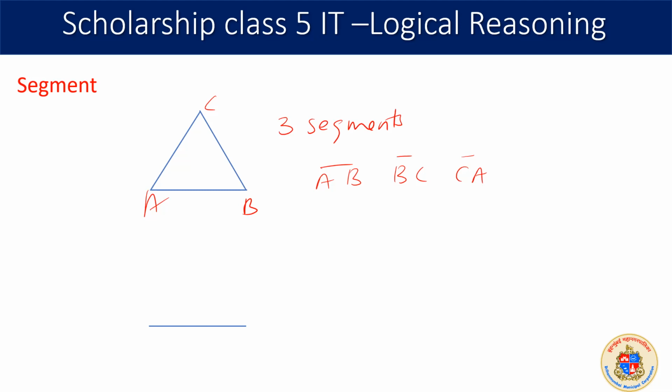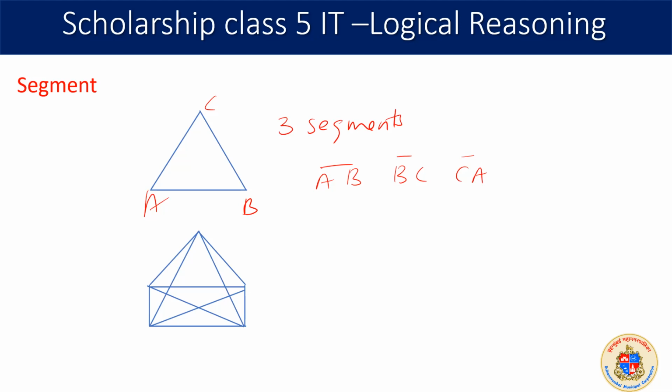But if I create a little different one, a 5-sided figure like this, a pentagon, and if I connect all the vertices of this pentagon like this and ask to find out how many segments are there.